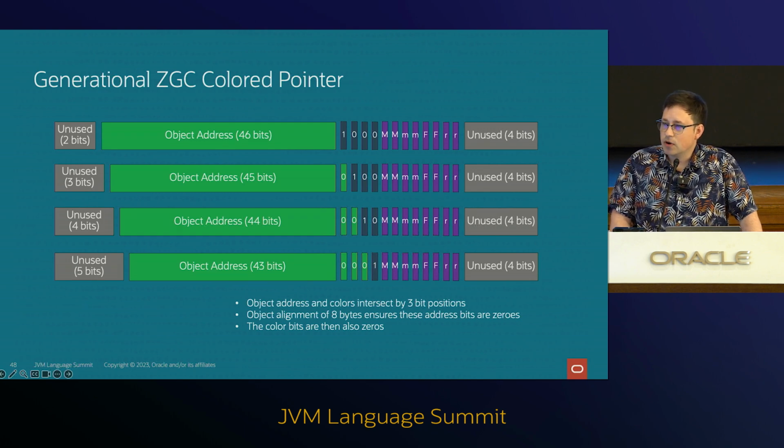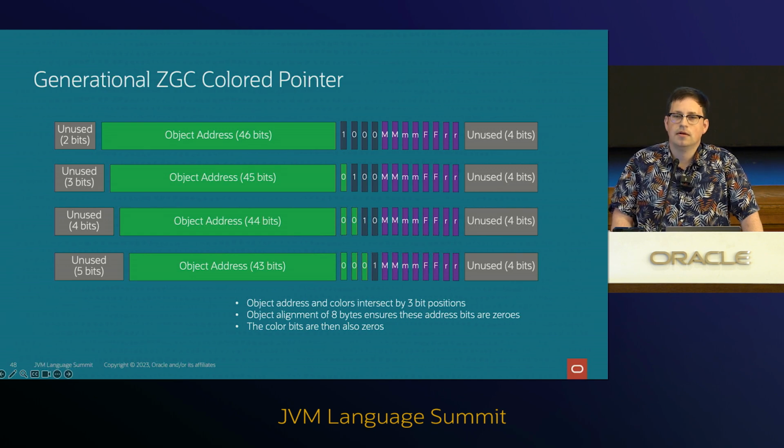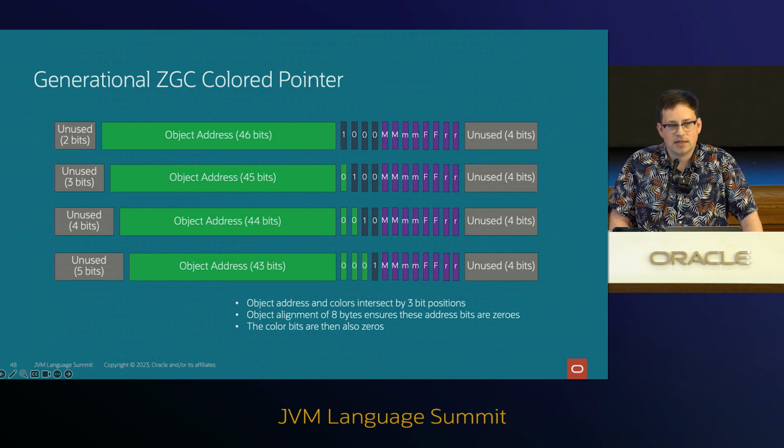As it turns out, though, the part of the address that starts intersecting with the colors are up to exactly 3 low-order address bits. And since the minimum object alignment in 64-bit VMs is 8 bytes, that means that these low-order bits in the address are always going to be 0. So the fact that they intersect doesn't matter.